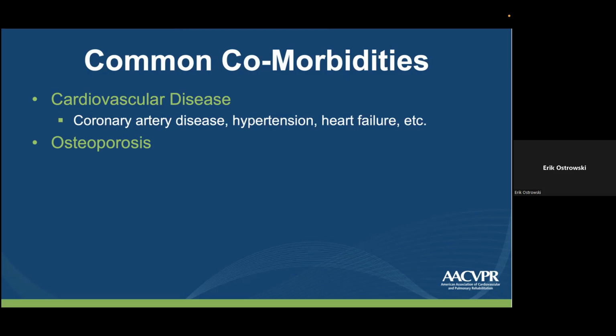We might have to incorporate some fluid or weight management education in our heart failure patients. We might have patients with arrhythmias like AFib that could benefit from some telemetry monitoring. So making sure that we are taking into consideration the individual factors of these other comorbidities that patients come into our programs with.